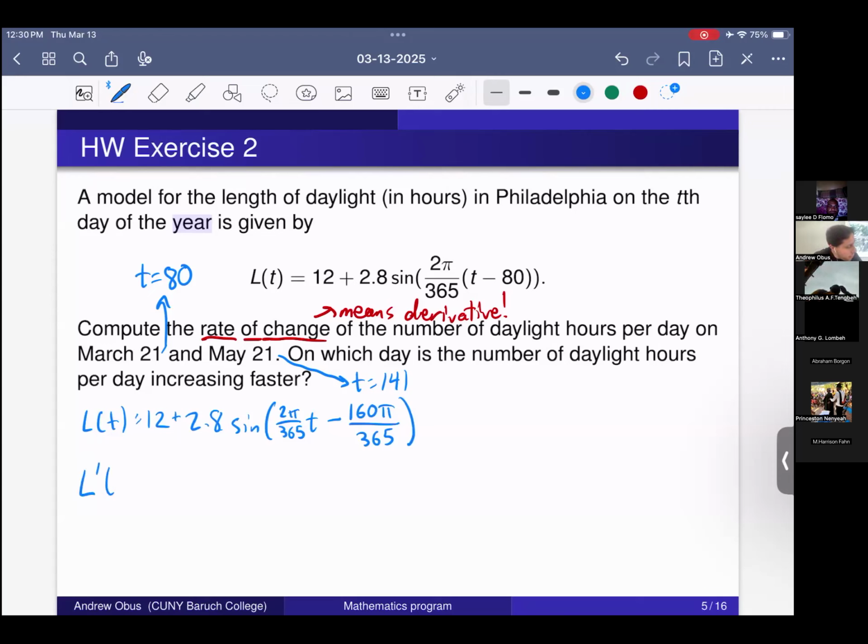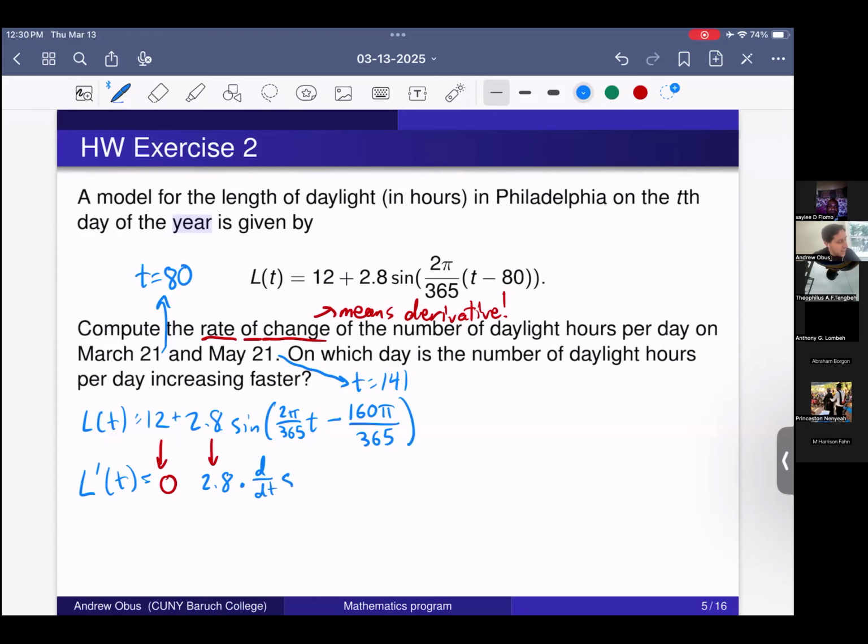So then for L prime of t, this 12 is just going to go to 0, right? And the rest of this, this 2.8, is just going to stay as a 2.8. Now we're going to have to take the derivative of what's left.